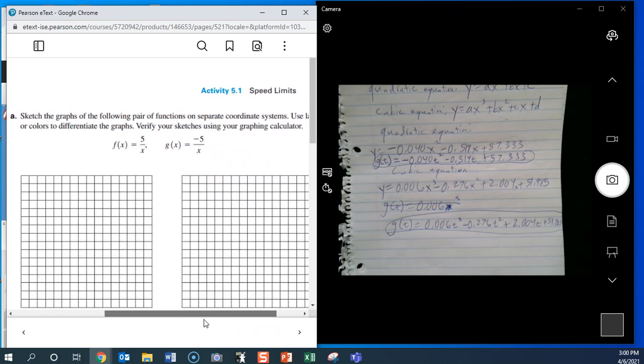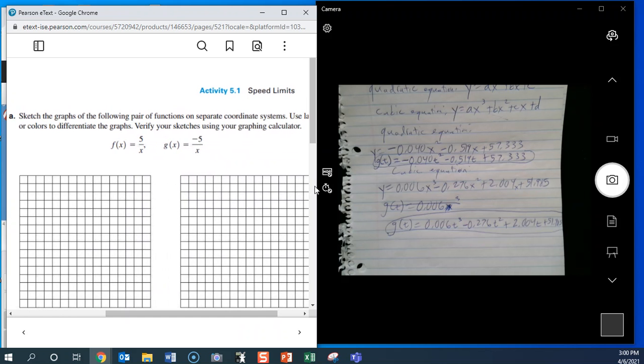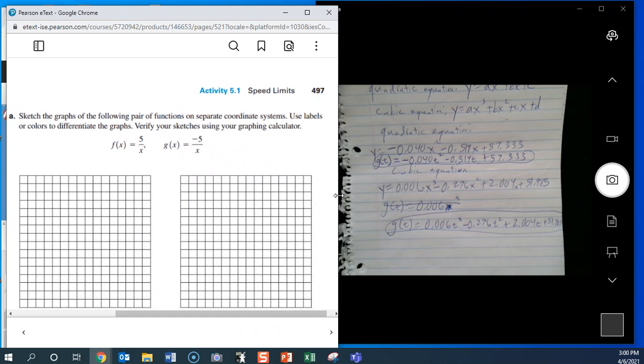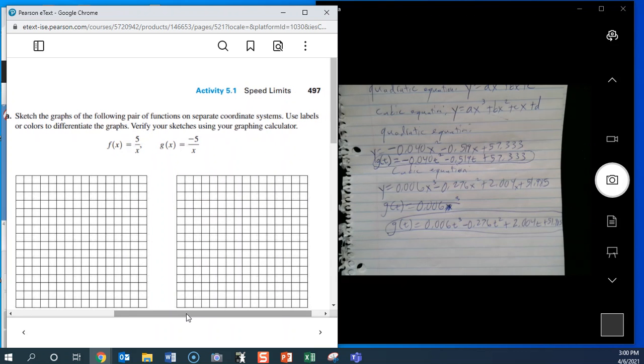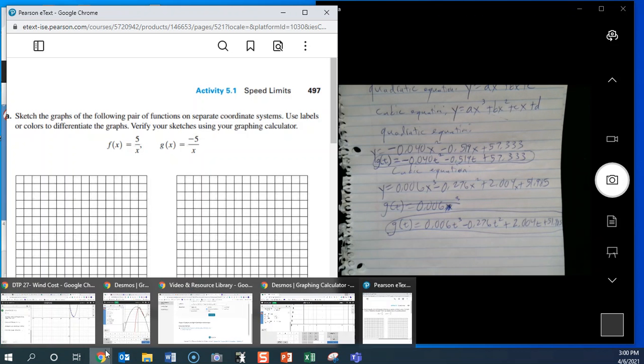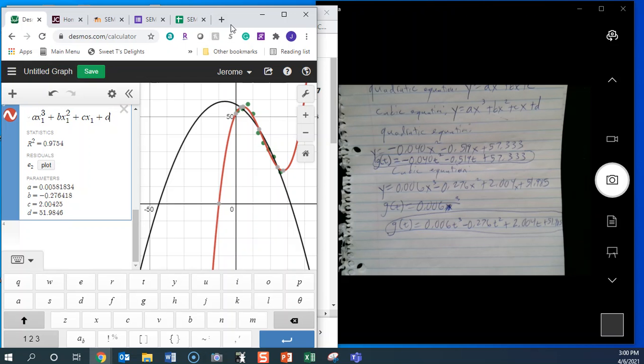So we look here at number 2. Let me make this a little longer. Okay, there we go. It says, sketch the graphs of the following pairs of functions on separate coordinate systems. Use labels or colors to differentiate the graphs. Verify your sketches using your graphing calculator. Okay, let's just go right to the graphing calculator.